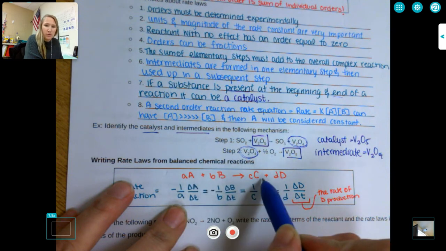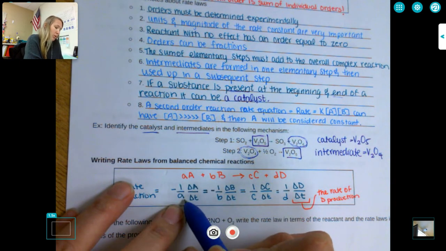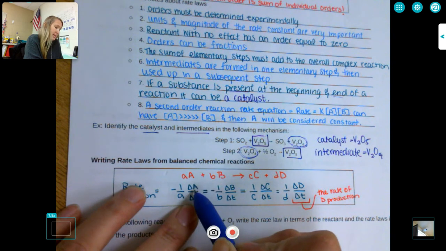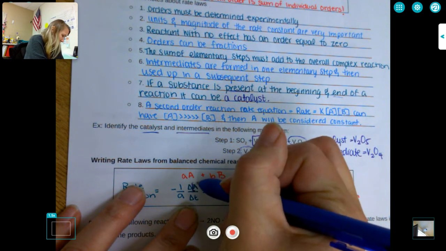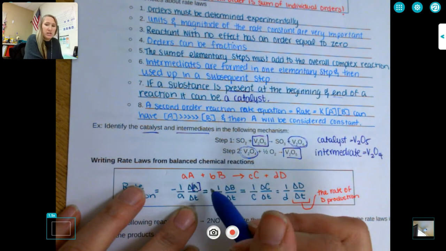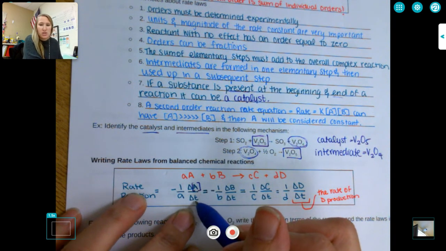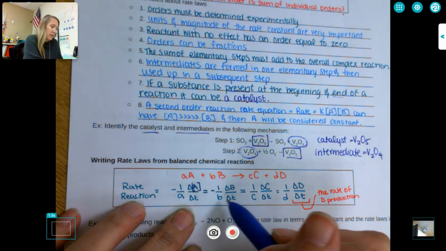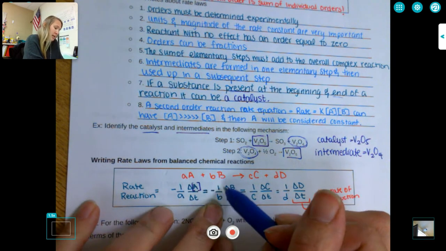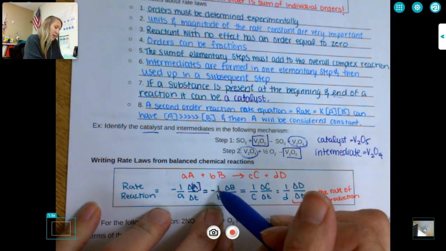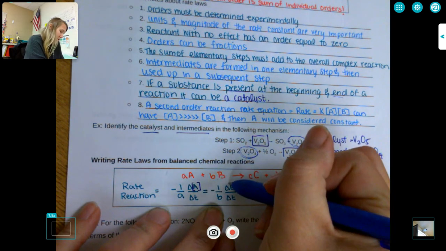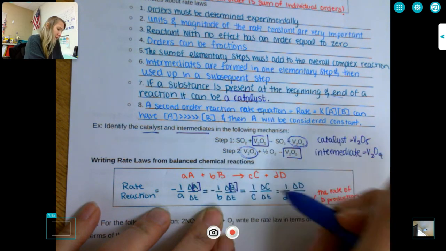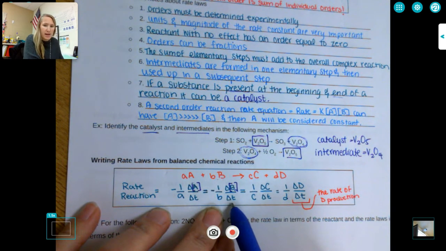This molar ratio. We have 1 over our molar ratio, so 1 over a, times, and this is a concentration, so you just have brackets around them, the change in concentration of A per change in time, okay, which is equal to decreasing, right, because they're getting used up, so negative 1 over b, my molar coefficient, times the change in concentration of B over the change in time.